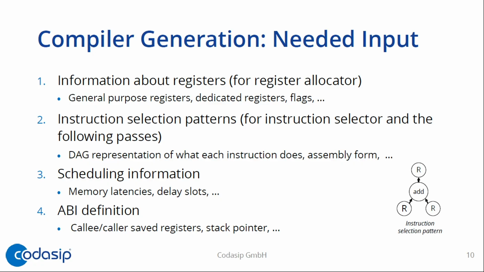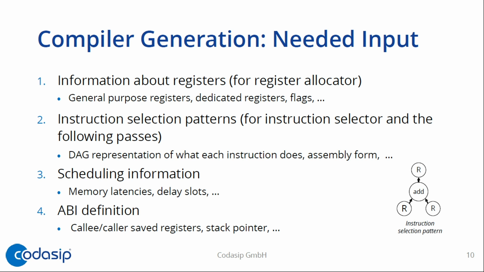Basically, it's a DAG, as you can see in an example for ADD. It's quite simple here, but you can imagine more complex instructions can be quite a complex graph. And then we also need scheduling information, so things like memory latencies, delay slots if the architecture has them. This kind of information that you need to have very good code.